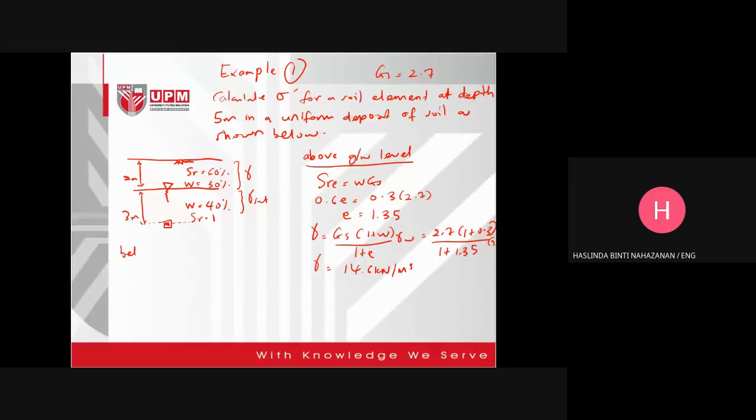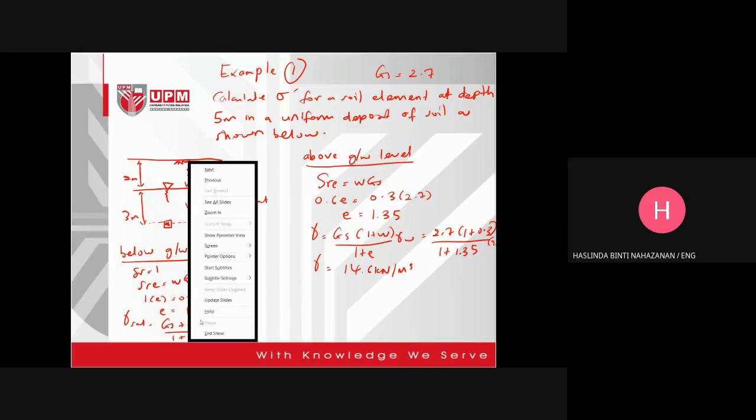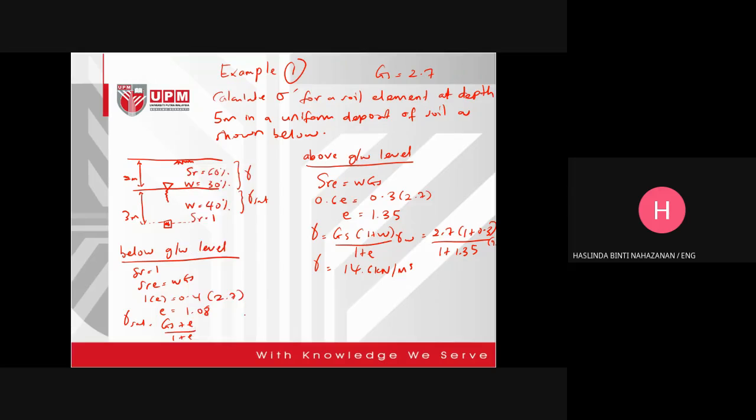So below groundwater level, because it is saturated, SR equals 1, so S_R e equals w G_s. So 1 times e equals 0.4 times 2.7, then you have e equals 1.08. Then the saturated unit weight is (G_s plus e) over (1 plus e) multiplied with gamma w.